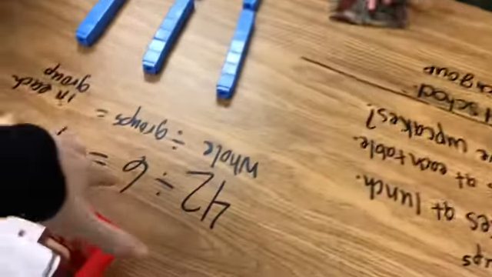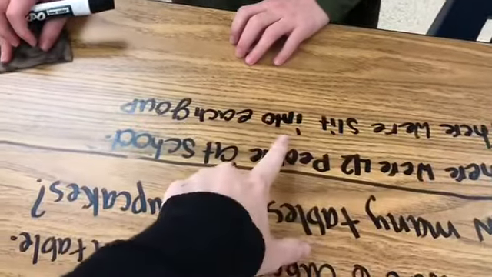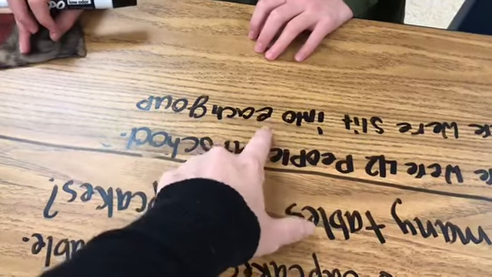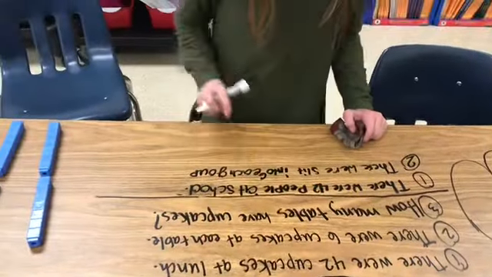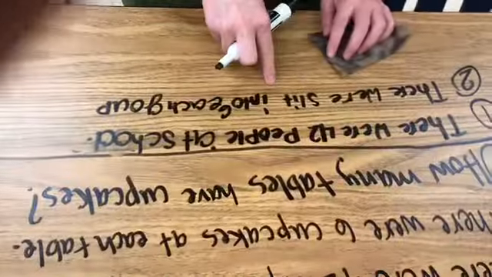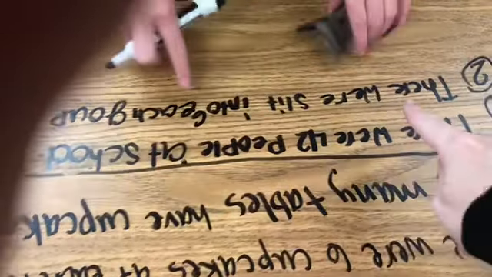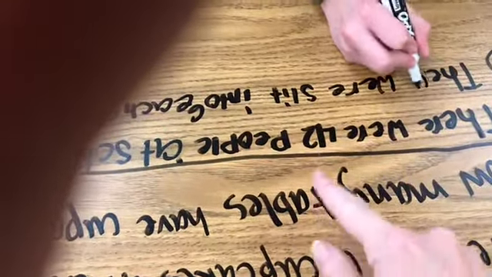And then period. Do we have how many groups? 6. So we could say they were split into 6 equal groups. Do you want to do that? Yeah. Okay, split into 6. They were split into. Let's do they with a Y. It's okay. Split.